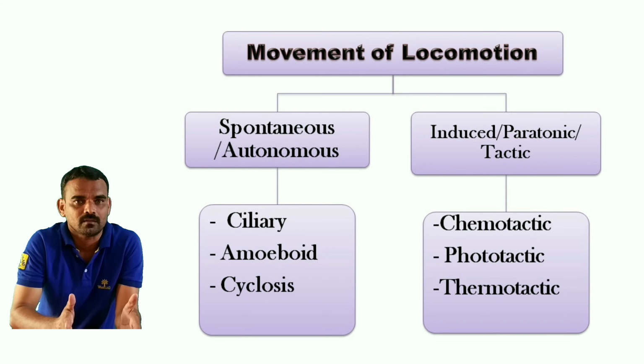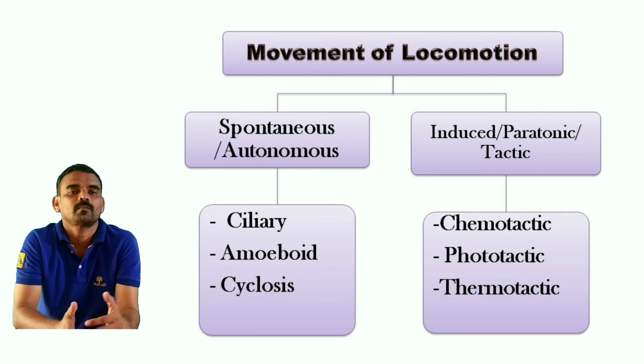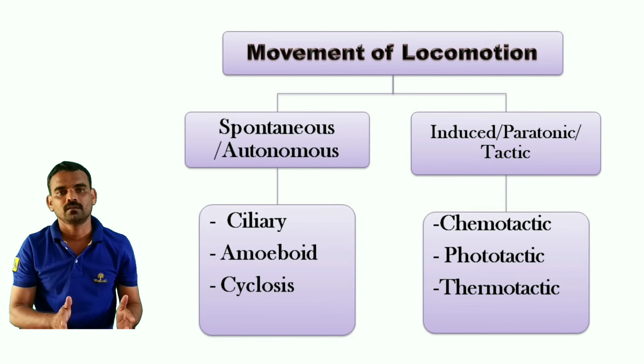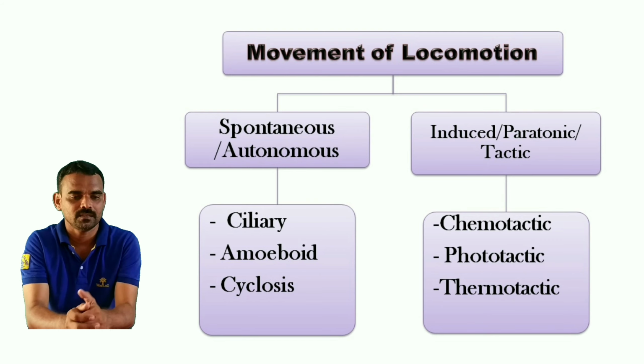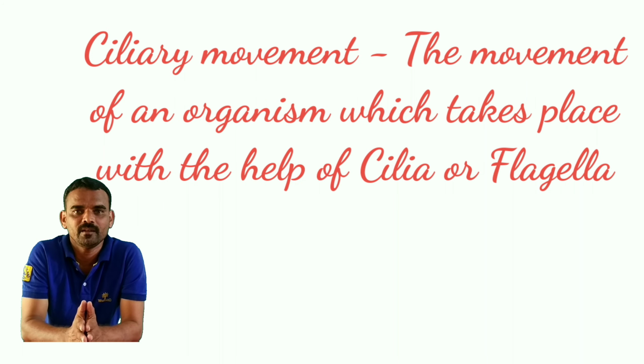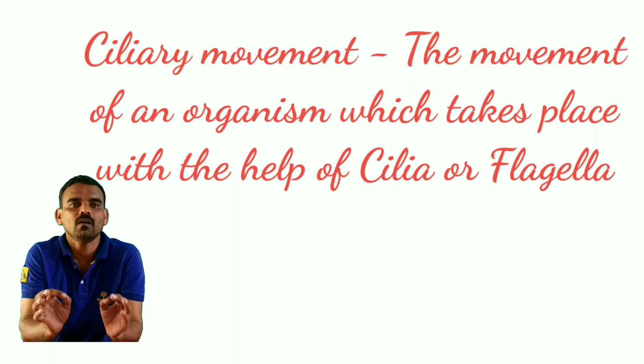Spontaneous movement of locomotion, which is also known as autonomous movement of locomotion, is further divided into different categories. Number one, the ciliary movement. In ciliary movement, the locomotion takes place with the help of either cilia or flagella.